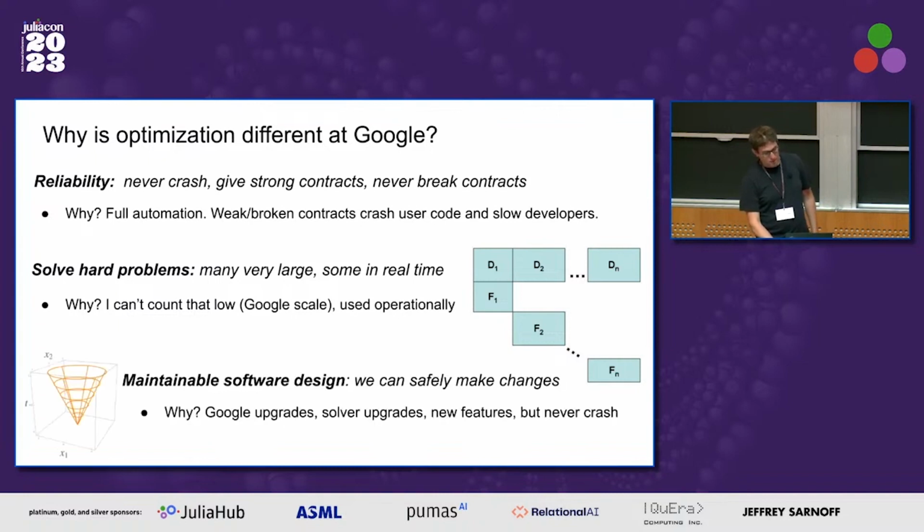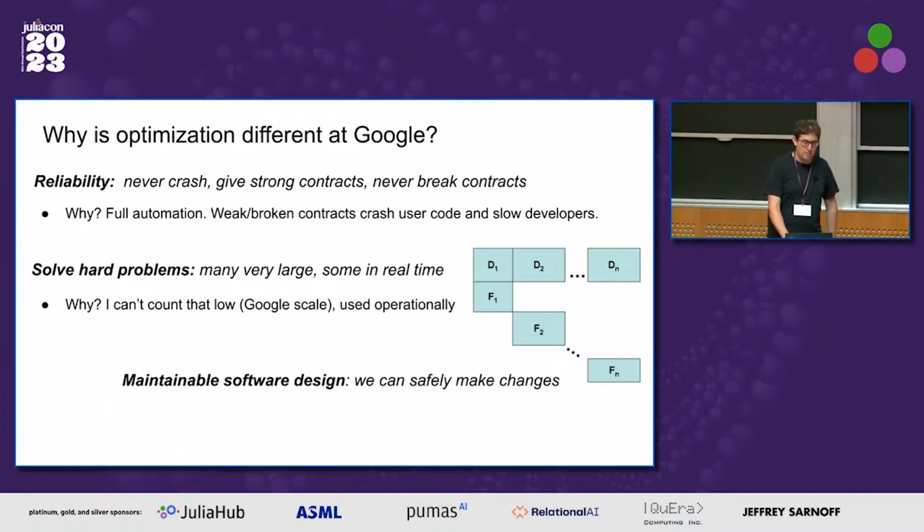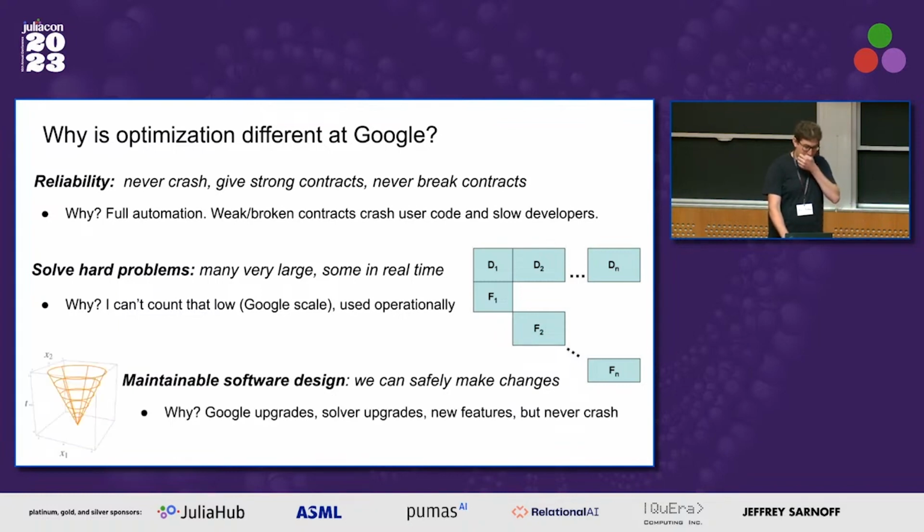Okay, so last, from a maintainability perspective. What do I mean by maintainable? What I mean is that we can safely make changes and be confident that we're not going to break something. And why? Because we can't crash. And why are there so many changes? Our code has dependencies inside of Google, and our dependencies are changing all the time.